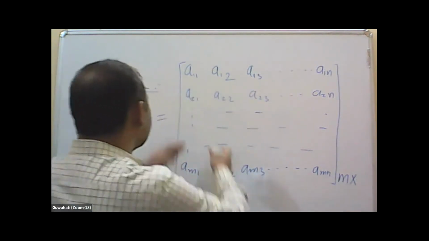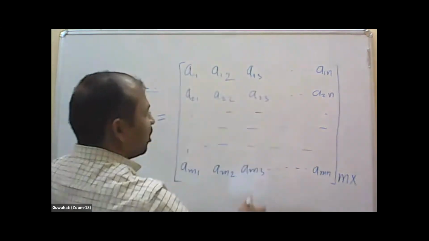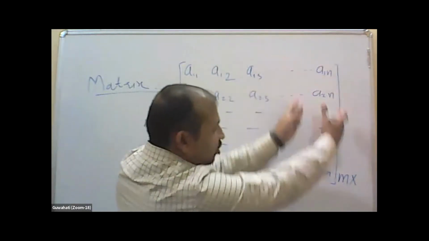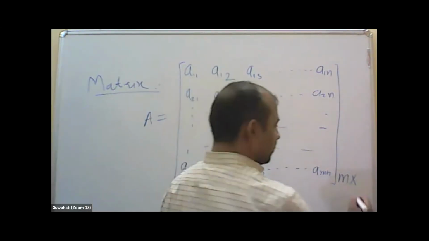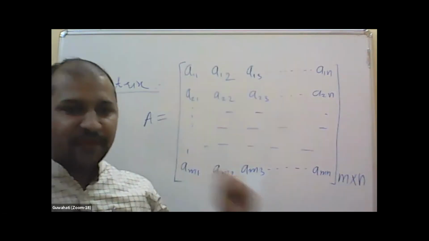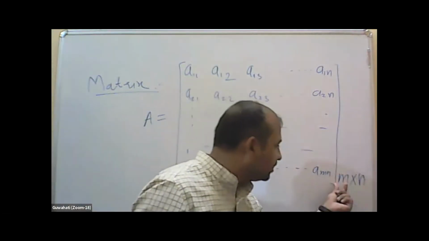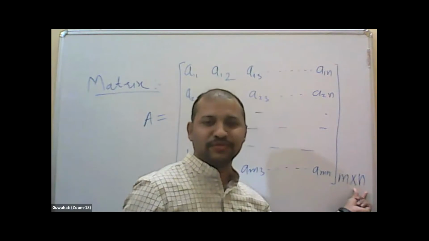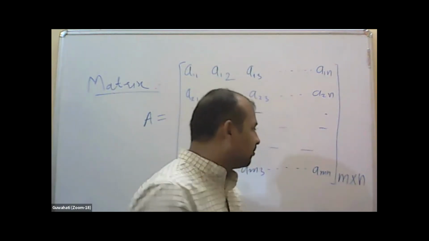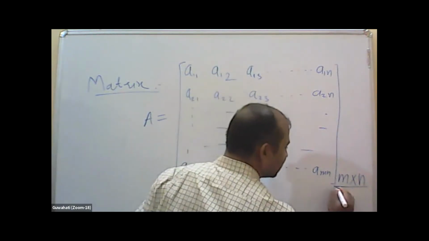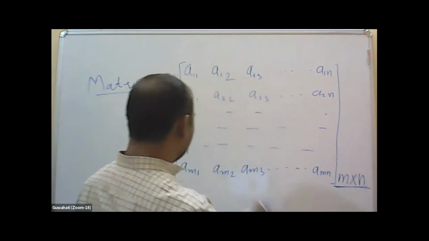How many columns are there? These are the columns, vertical lines. How many? N. So this is the general matrix having M rows and N columns.